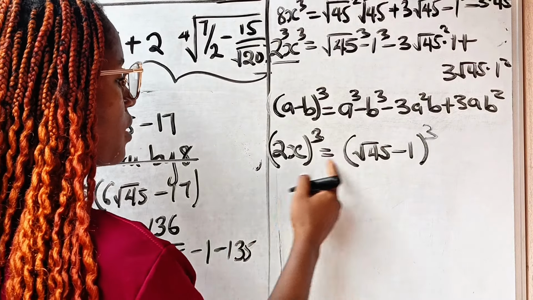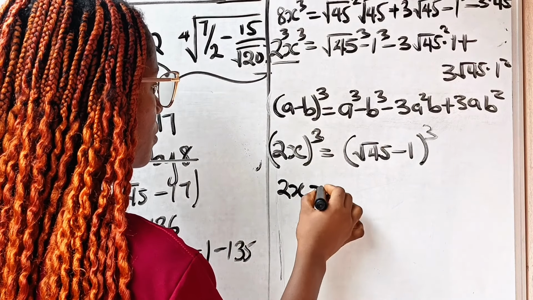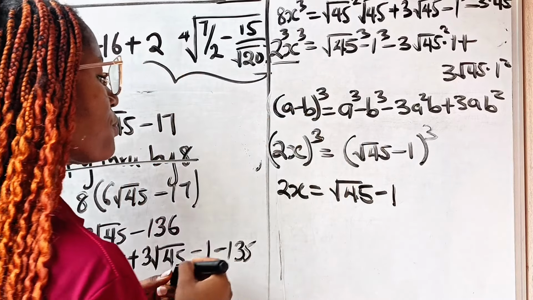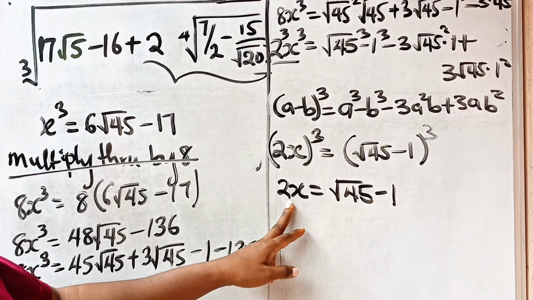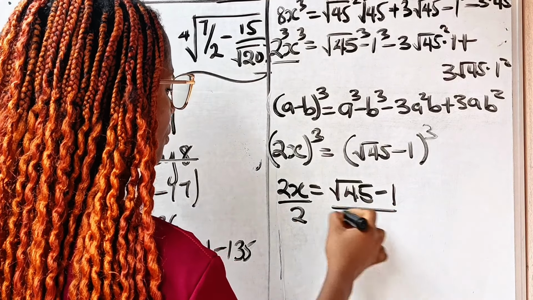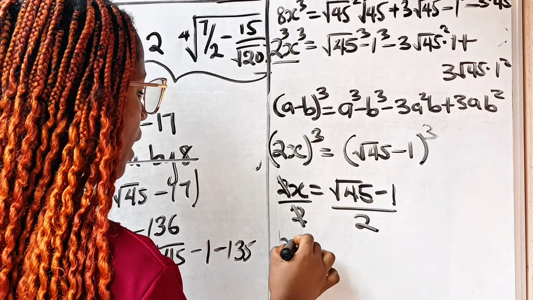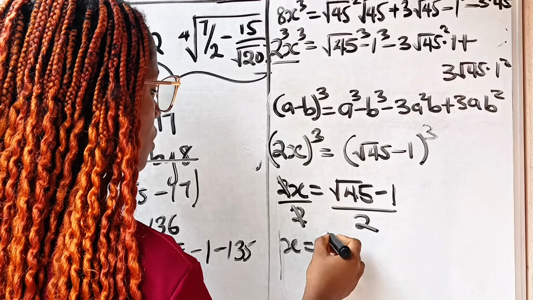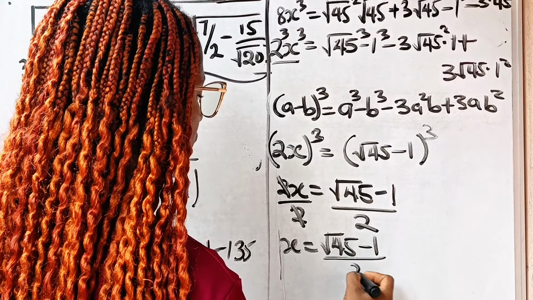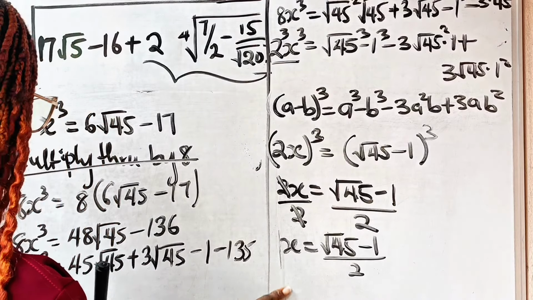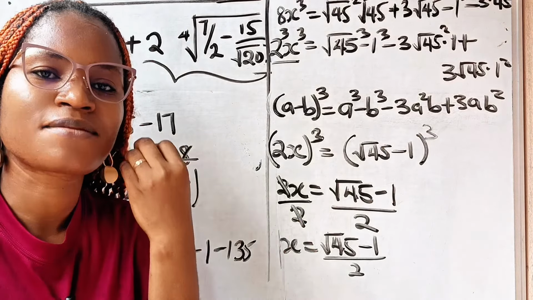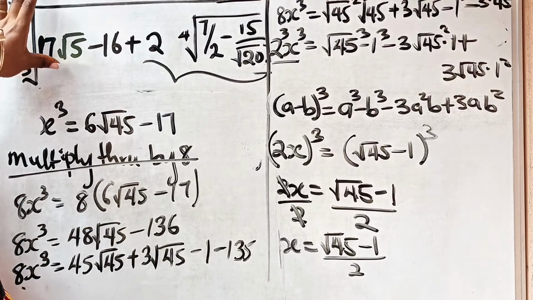So I can write 2x to be equal to square root of 45 minus 1. To get my x, let me divide both sides by 2, and I'll have x equal to square root of 45 minus 1 divided by 2. And that is the simplest version of that.